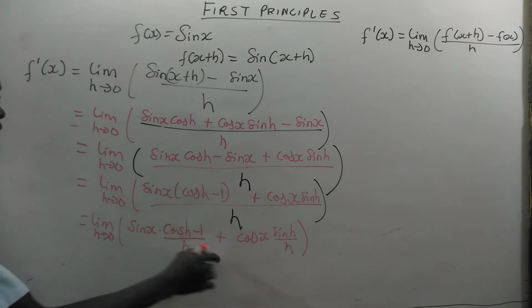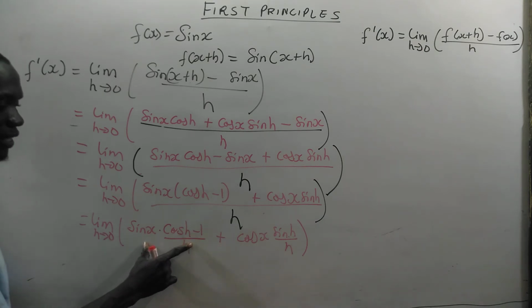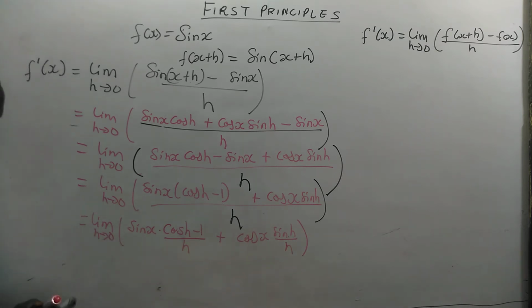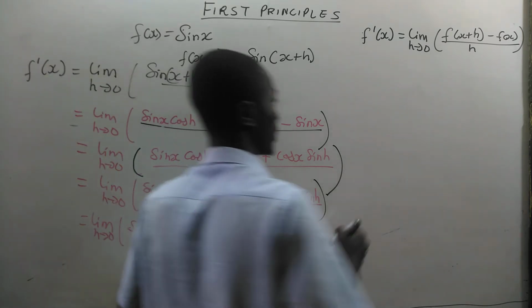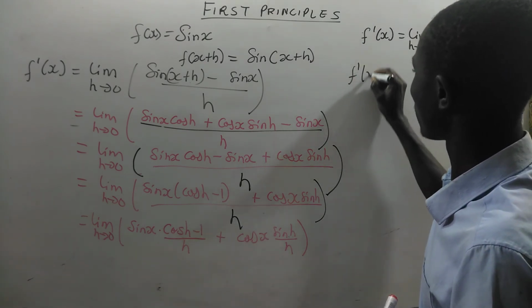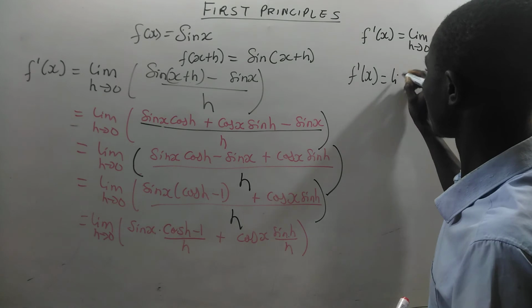Now since we are finding the sum, we can take the limit of this and then take the limit of this as h approaches 0. So let's take the limit. We are going to have f prime of x to be equal to the limit.